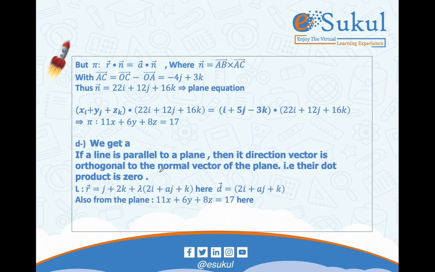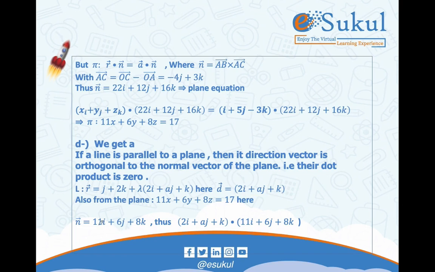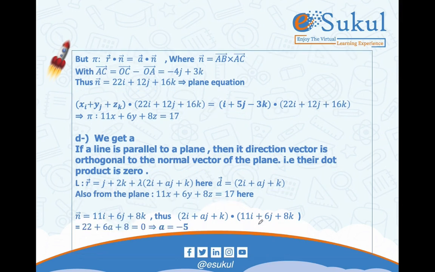So arranging our equation, extracting the normal vector to the plane and the direction vector of the line, we have this for the line, and for the plane we have this extraction. Dotting the two vectors, we have the value of a to be -5.